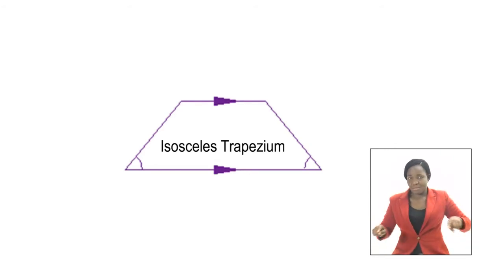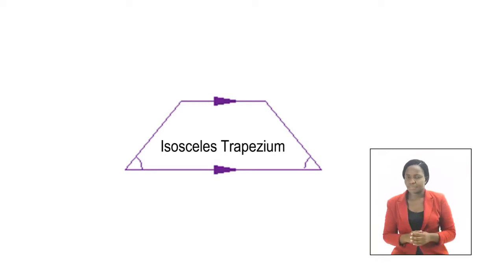An isosceles trapezium can be made from an isosceles triangle which always has 2 equal sides and 2 equal base angles. If a smaller triangle is removed so that the base is parallel to the original base, an isosceles trapezium is left. An isosceles trapezium has special properties.